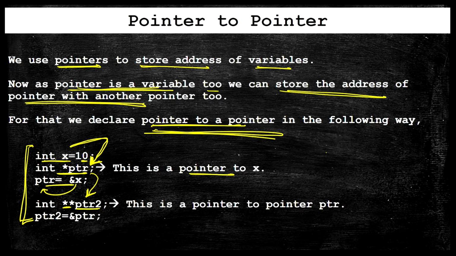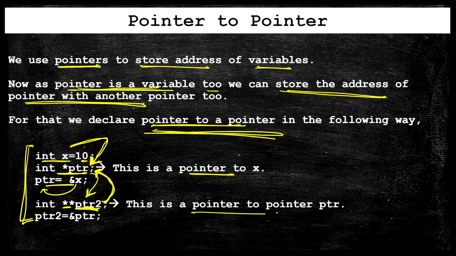So to store the address of pointers, we take two stars and write the variable name, which will be a pointer to pointer. So what is this ptr2 storing? This ptr2 is storing the address of this ptr, not the address of x.